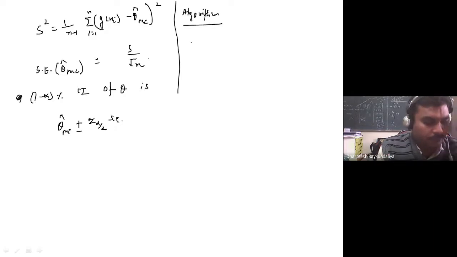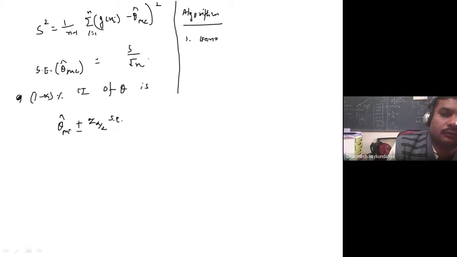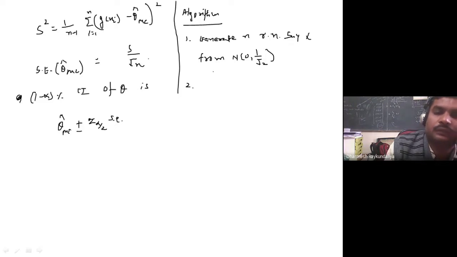So what is step 1? Generate n random numbers, say x, from normal 0, 1 upon root 2. Then what do you do?